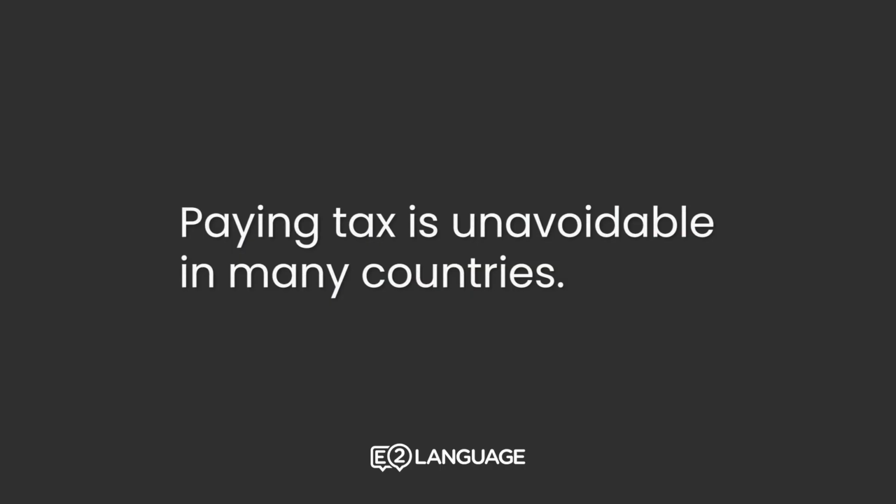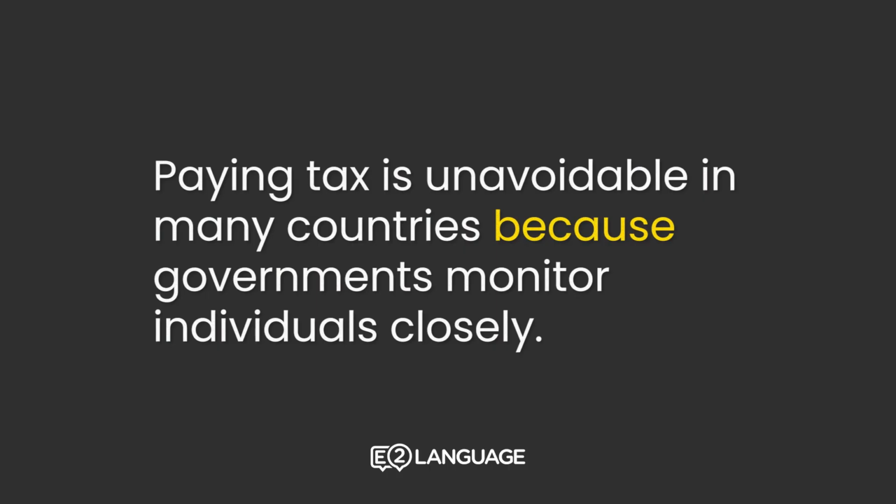Paying tax is unavoidable in many countries. Here we have a simple sentence where paying tax is playing the role of the subject or sentence topic, and the first word is an ing word, paying. If we were to make it a compound sentence, you could simply add one of those conjunctions to join another complete sentence, like paying tax is unavoidable in many countries because governments monitor individuals closely.